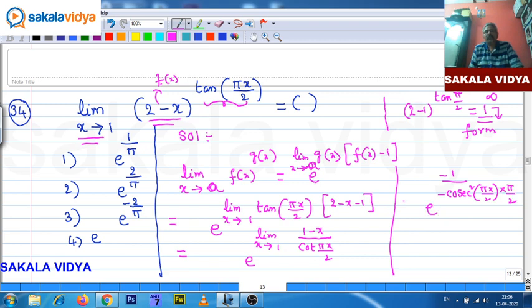The minus minus gets cancelled, so this will be 2 by pi. If x is equal to 1, cosecant square of pi by 2 is 1. So you get e to the power of 2 by pi. So here the second option is the right option.